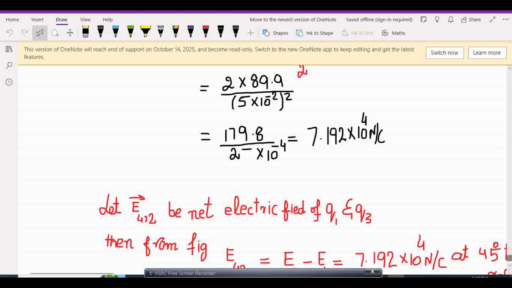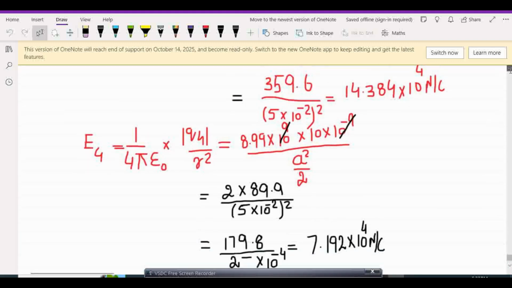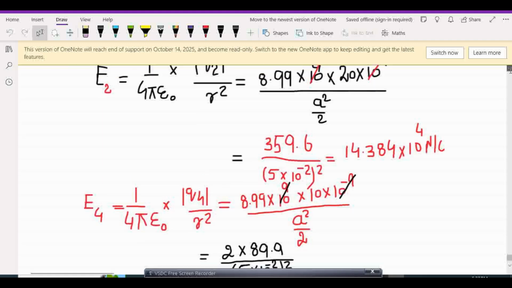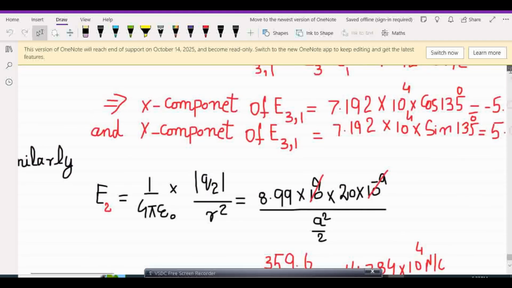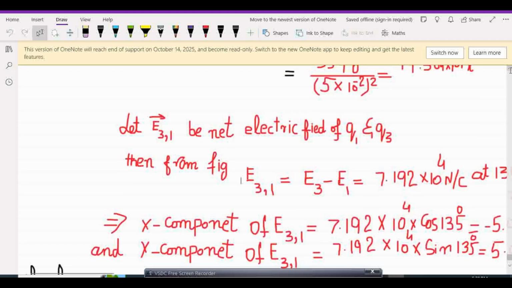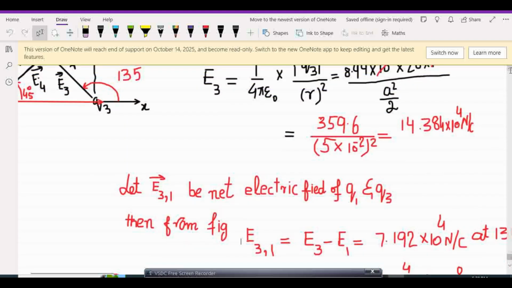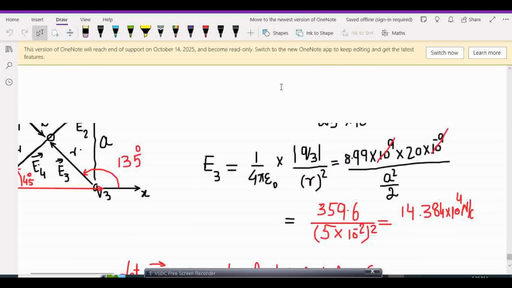Now let's again take a look at the figure given in the question, so that you can figure out the E2 and E4. E2 and E4 are in the same line but in opposite direction, so they will cancel each other, and the resultant magnitude will be equal to E2 minus E4 because E2 is bigger.